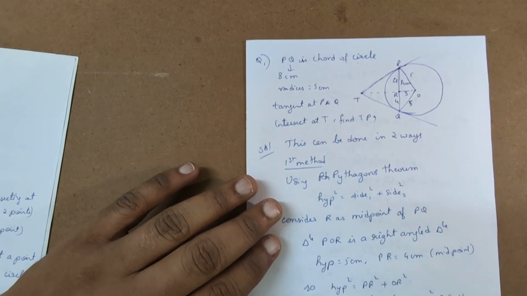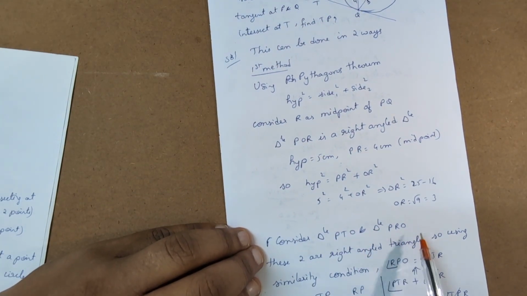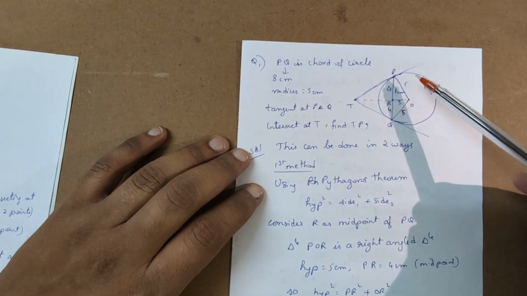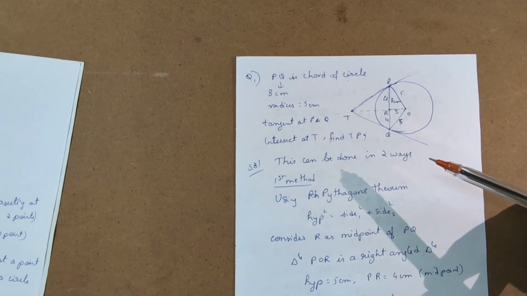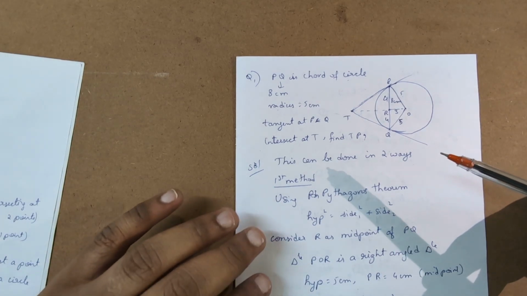Okay, so for that, let's consider the PTO and PRO triangles. PTO and PRO. So from the triangles chapter, we know that if two corresponding angles are equal and the ratios of the corresponding sides are equal, then those two triangles are similar.